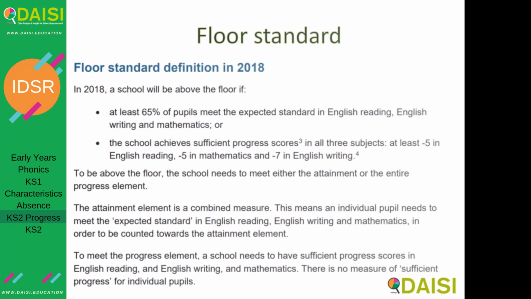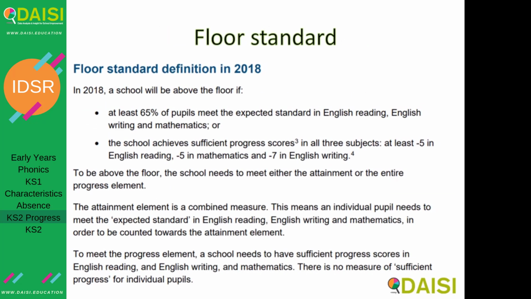Now, because you have these steps for writing, 113, 103, 91, you can't assign somebody a scaled score of 108, for instance, which means they will have a progress score of +5 or -5. And this is reflected in the floor standard in 2018.